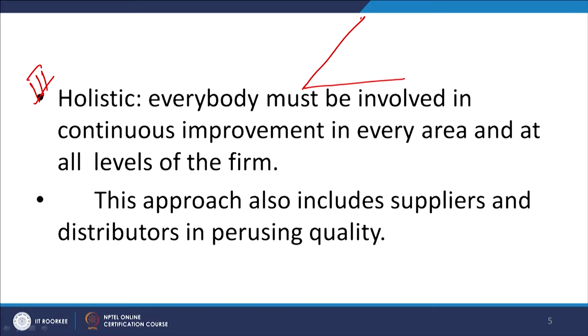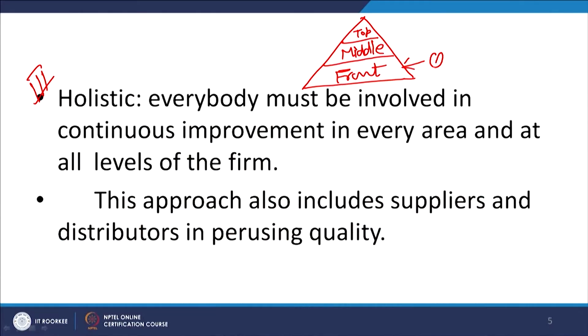As I was saying earlier, quality was considered a low level activity, more related to frontline executives. So, if I see different levels of management in an organization, this is the top level, this is the middle level, and this is the frontline executives, those who are actually responsible for execution of the task.